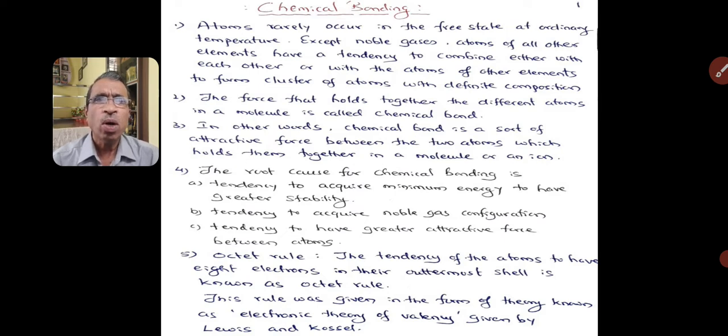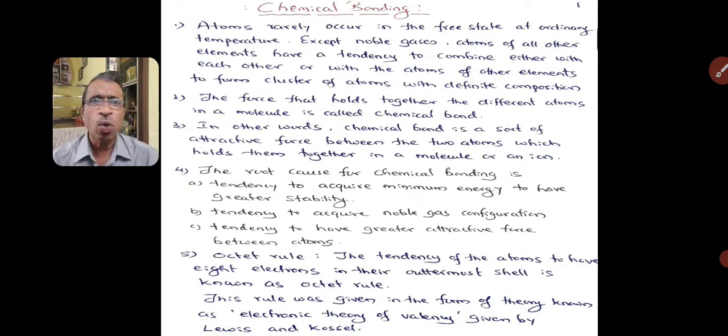As we know, atoms rarely occur in the free state at ordinary temperature. Except noble gases, atoms of all other elements have a tendency to combine either with each other or with the atoms of other elements to form clusters of atoms with definite composition.